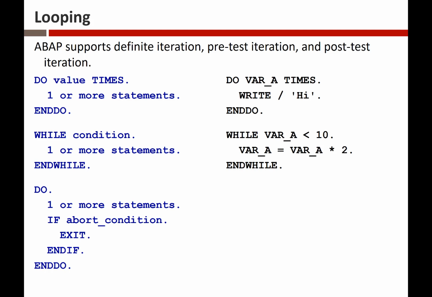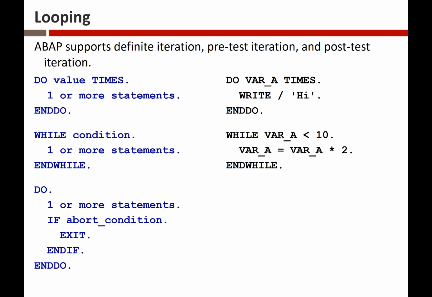An exit is what's going to break us out of this loop. So if I forget this if abort condition, this is absolutely an infinite loop. This is the way we do post-test iteration, because the implication is that this is going to happen right at the end of the loop.